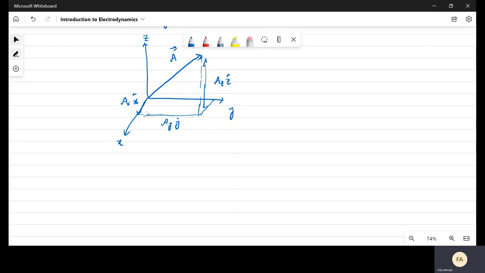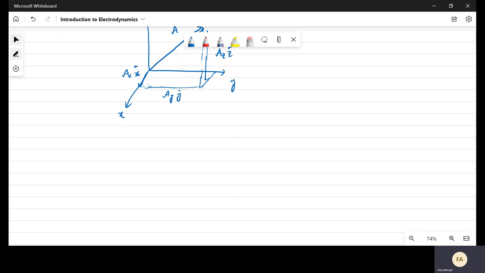So we can perform the vector operations similarly in component form. We call this formulation the component form.